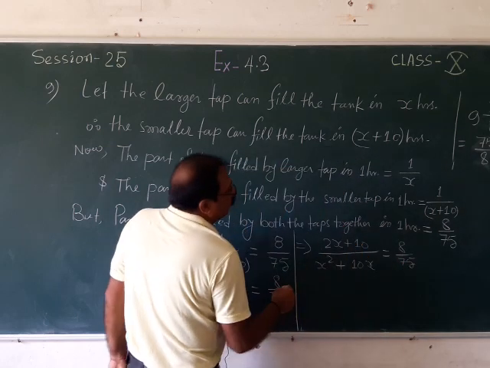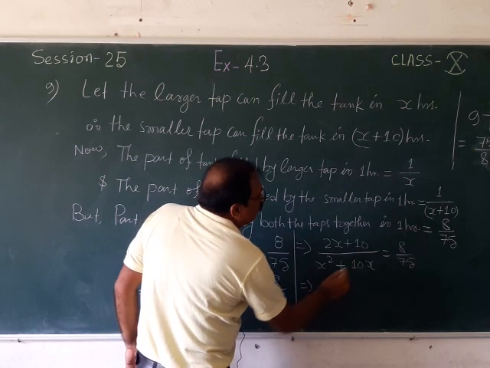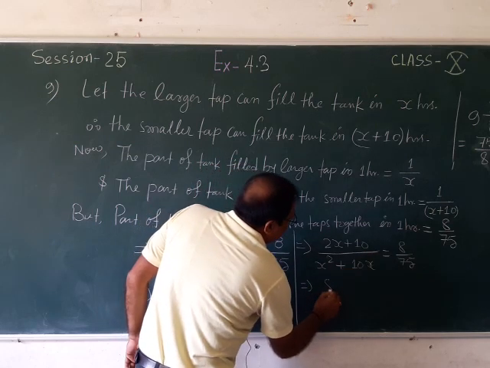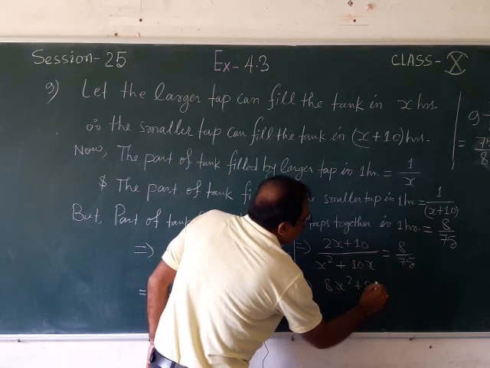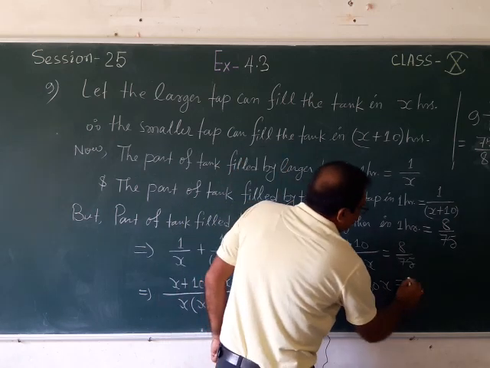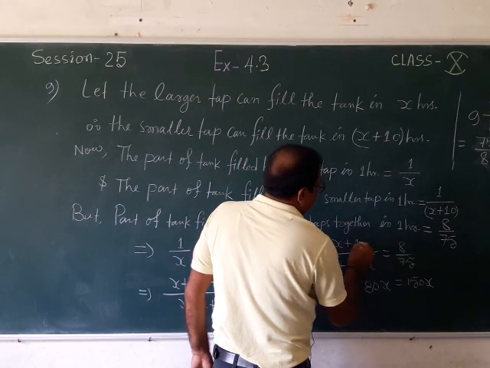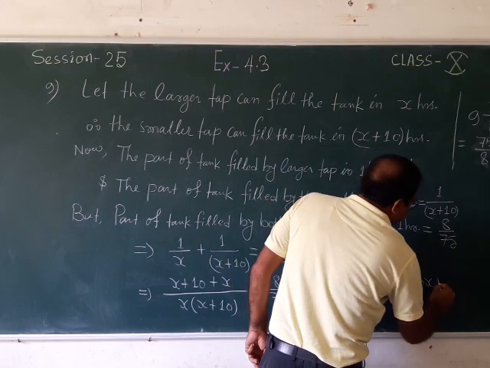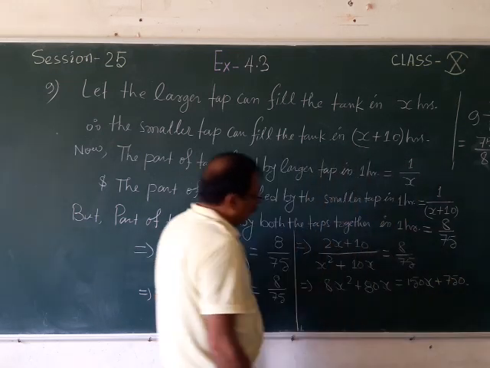Further you have to cross multiply it. So 8 into x square will be 8x square plus 80x, and here 75 into 2 becomes 150x, and 75 into 10 becomes 750.